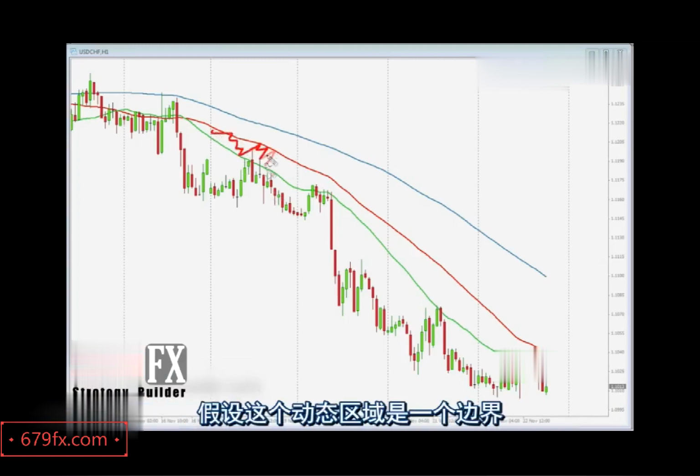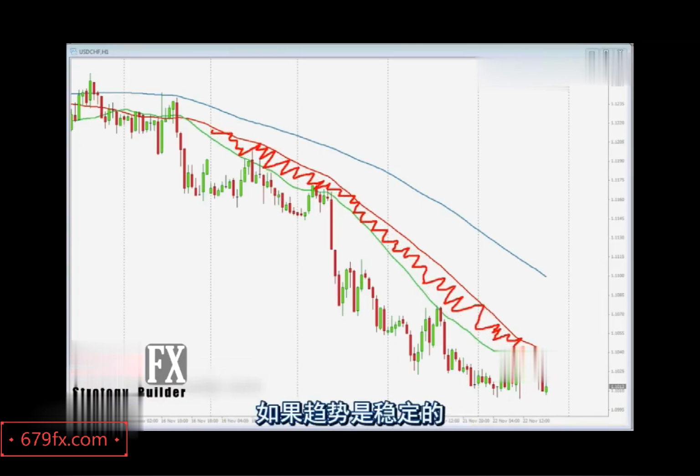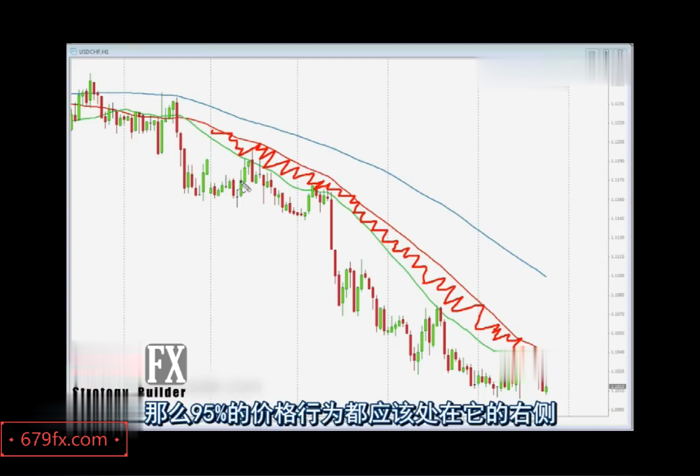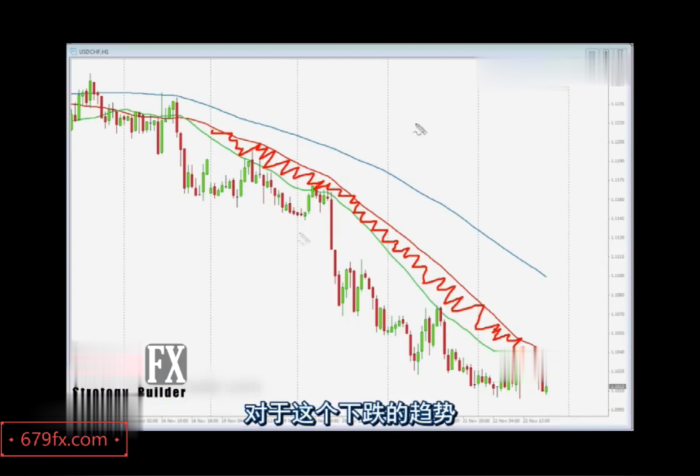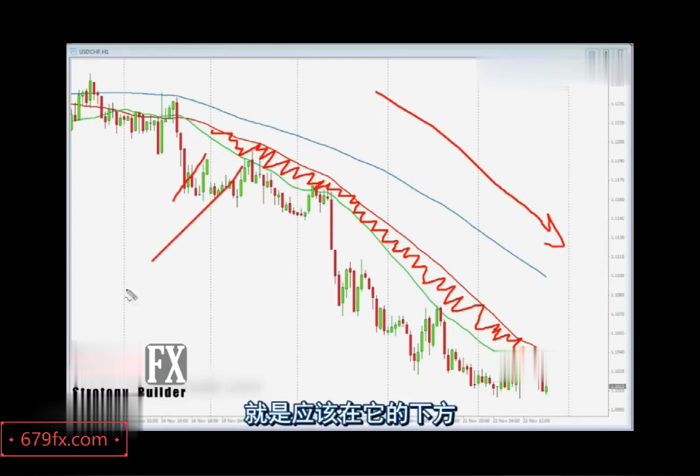Let's picture the dynamic area as a boundary, as a frontier. If the trend is to still be in place, at least 95% of the price action should be contained on the right side. In this case, since we are in the downtrend, it should be contained on the lower side of the dynamic area.